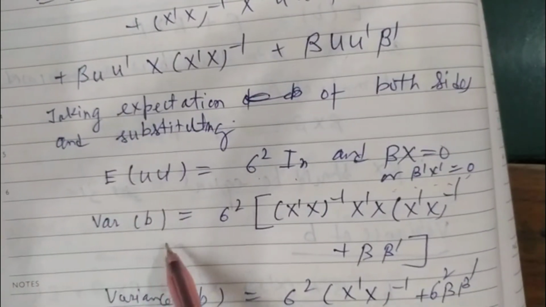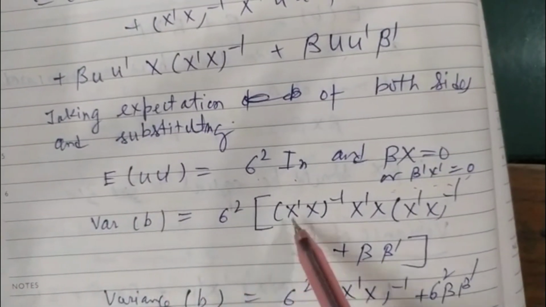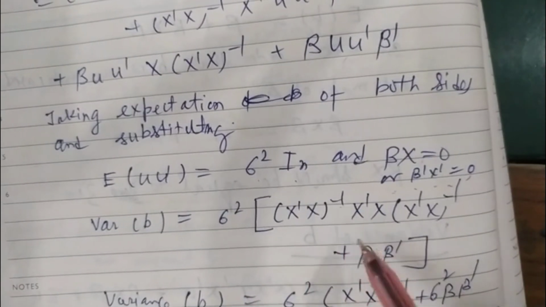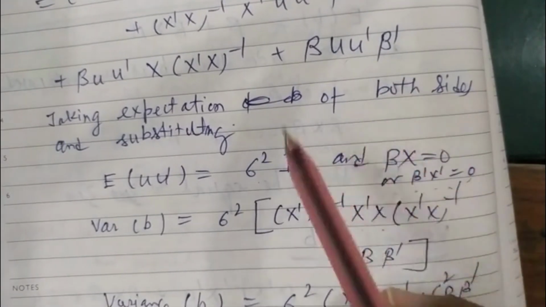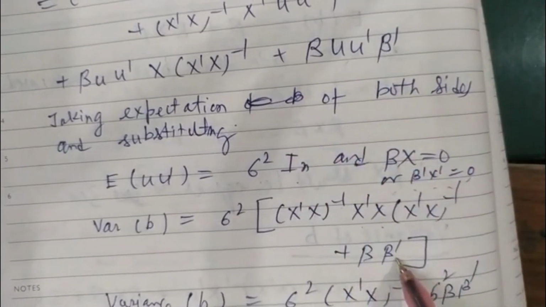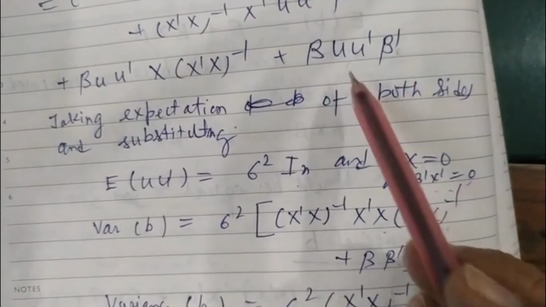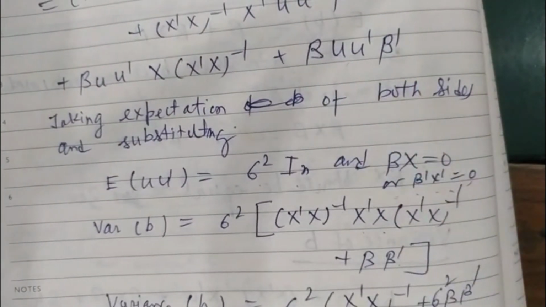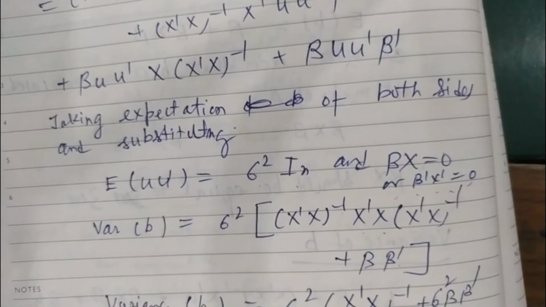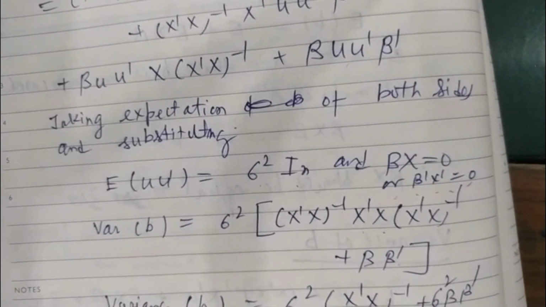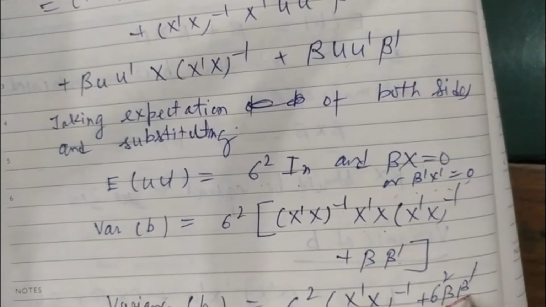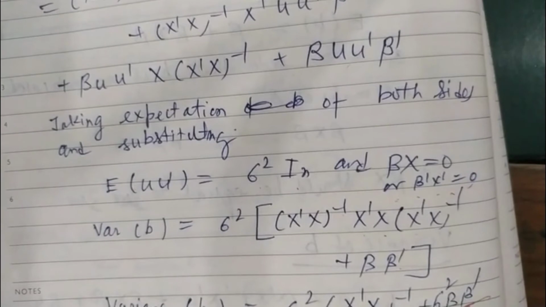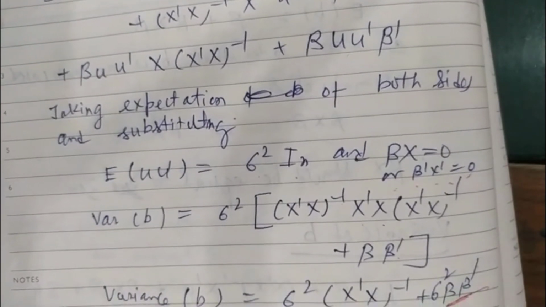Applying that, the variance of b is equal to σ²(X'X)^-1 X'X(X'X)^-1 plus σ²BB'. In this expression, the variance of b is equal to σ²(X'X)^-1 plus σ² BB'. BB' is a positive matrix, a positive definite matrix.